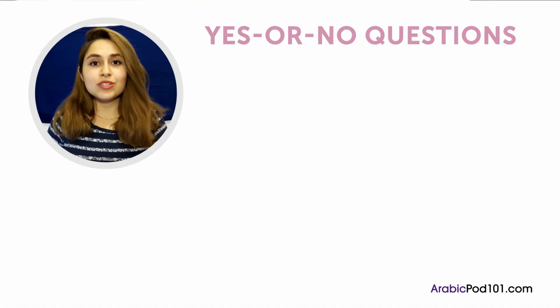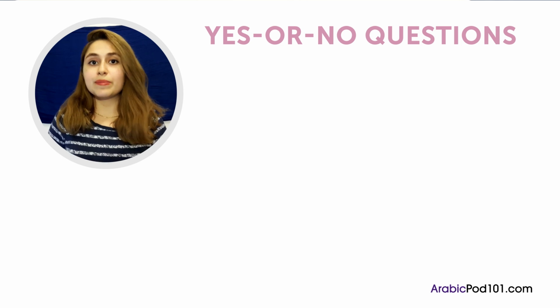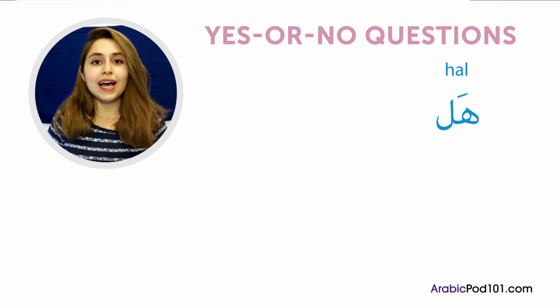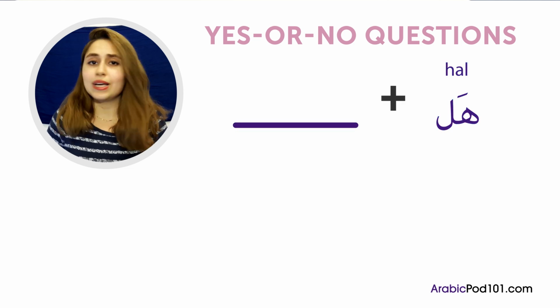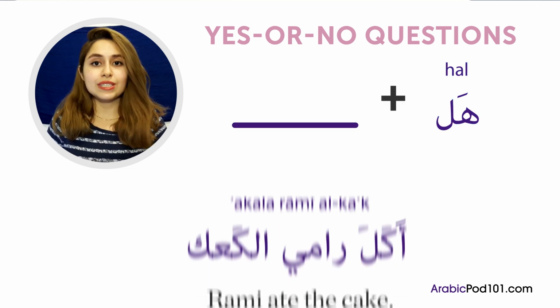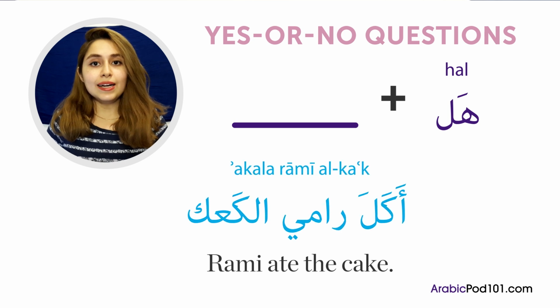First, let's look at yes or no questions. These are questions that ask whether or not something is true. In Modern Standard Arabic, we use the question word هل to ask yes or no questions. This structure is very easy. You add the word هل before the sentence that you want to ask about. That's it. For example, أكل رامي الكعك.